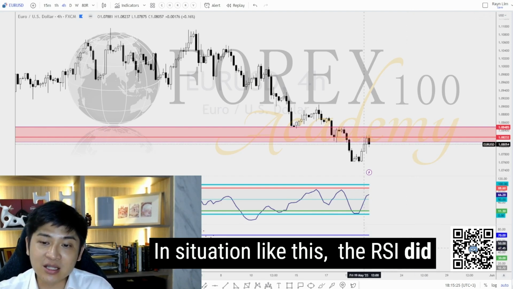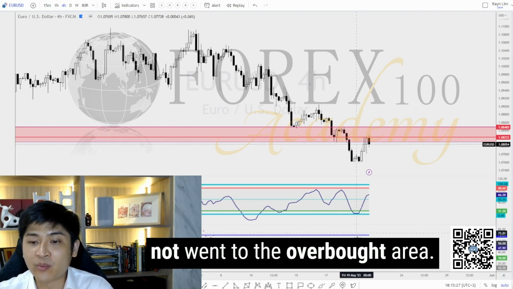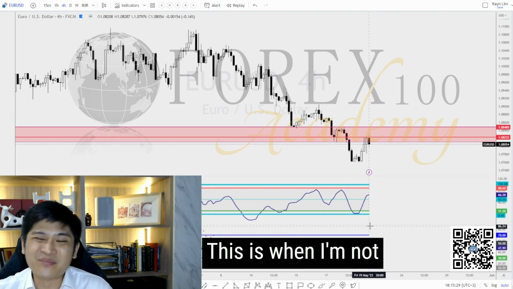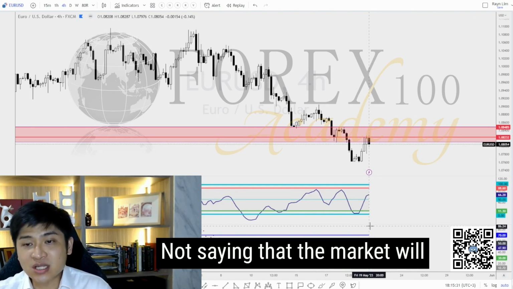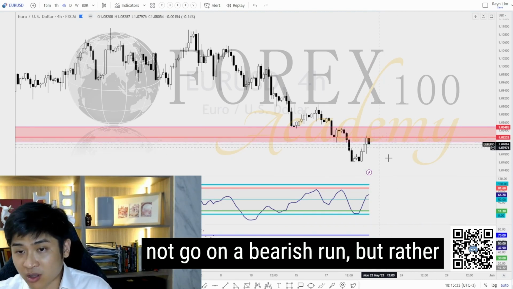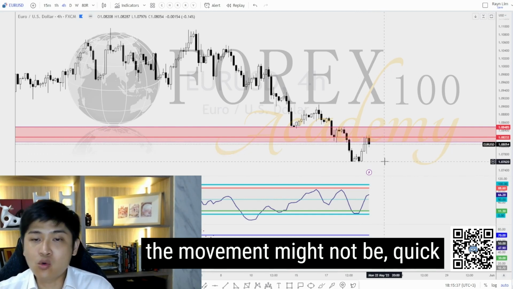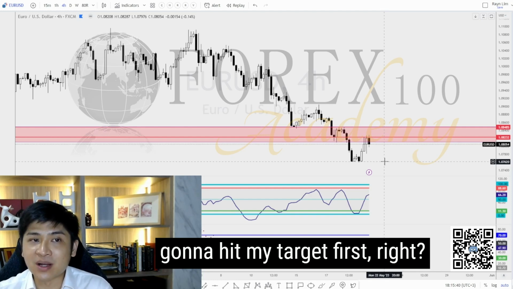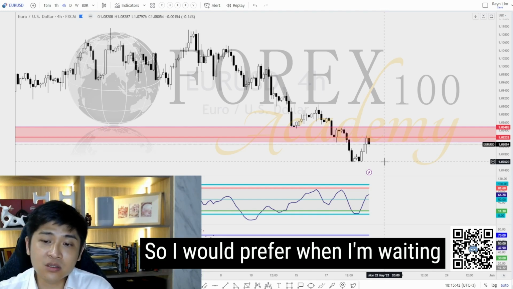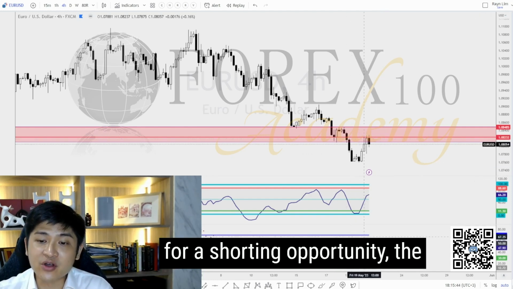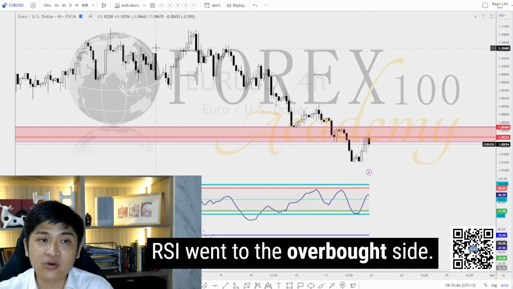In a situation like this, where the RSI did not go to the overbought area, I'm not particularly interested. Not saying that the market will not go on a bearish run, but rather the movement might not be quick, might not be fast, because I want to hit my target fast, right? So when I'm waiting for a shorting opportunity, I prefer that the RSI goes to the overbought side.